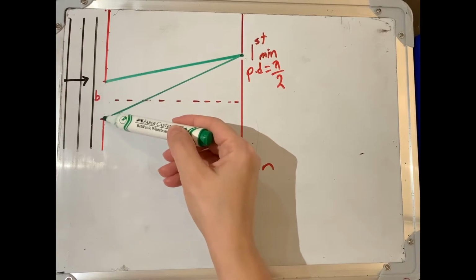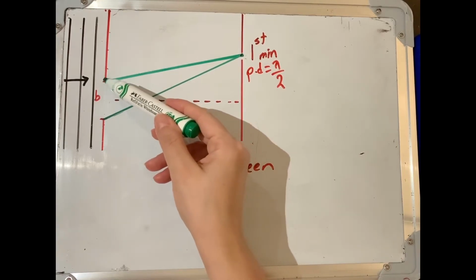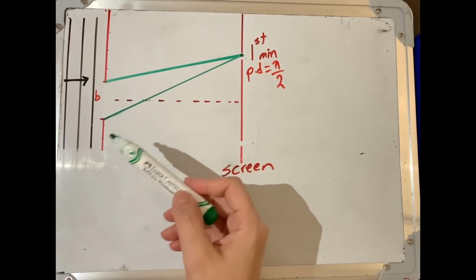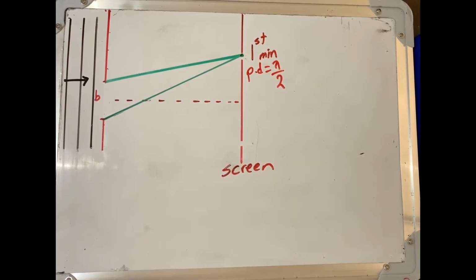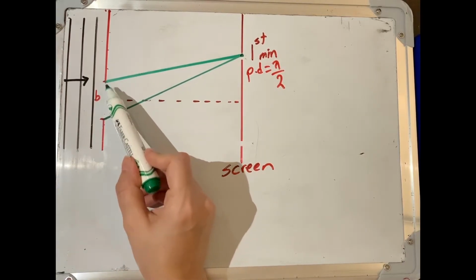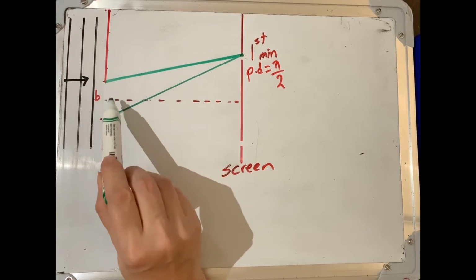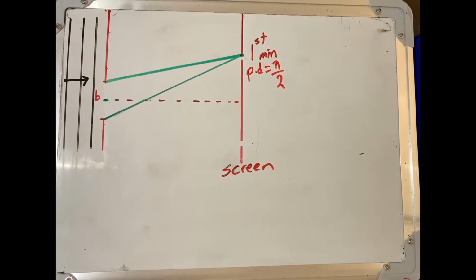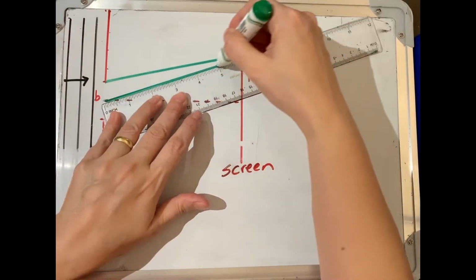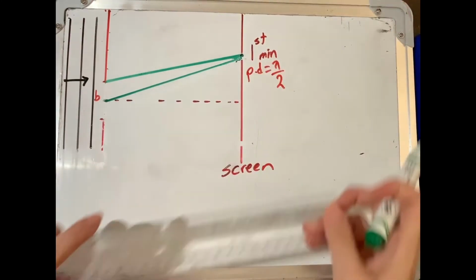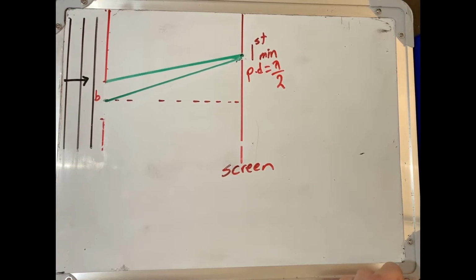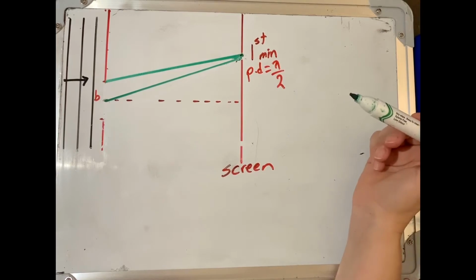Because we have a full open gap with infinite number of sources, I'm not going to treat this as two sources. I'm going to find the path difference from two rays, one of which is from one edge and the other from actually the midpoint of this gap, to estimate the whole gap. Now the path difference between those two lines should be equal to lambda over 2.